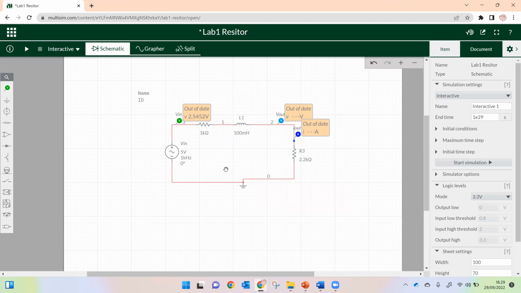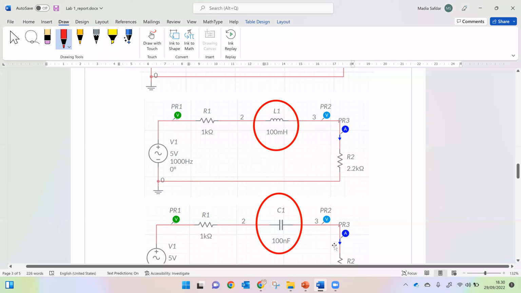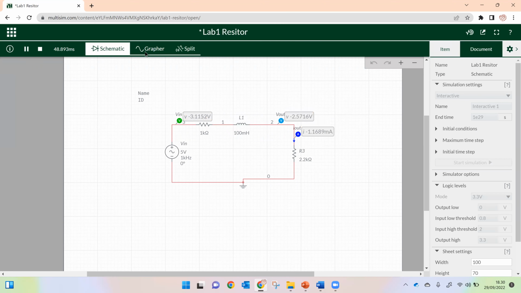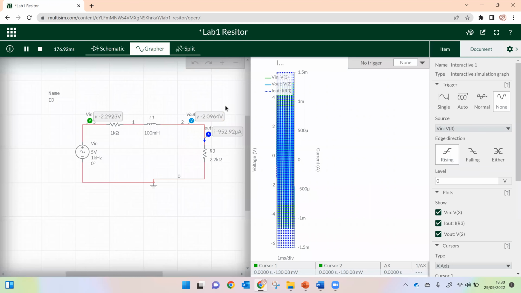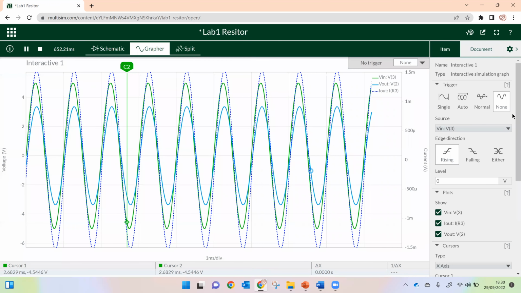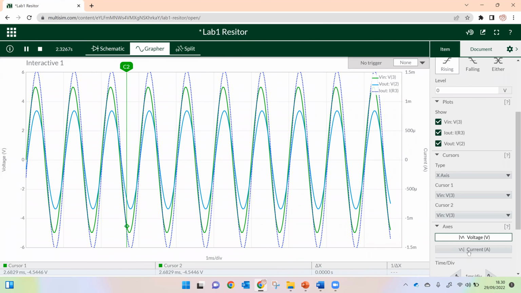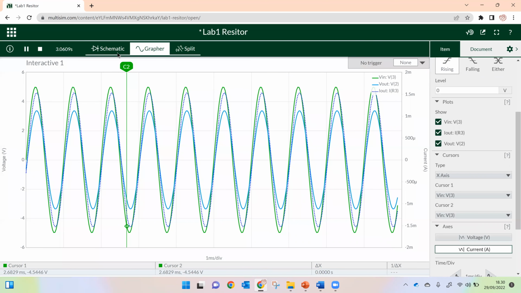Okay, the rest of the things will remain the same. Let's run it and go to the graph. Okay, now stop it from here.